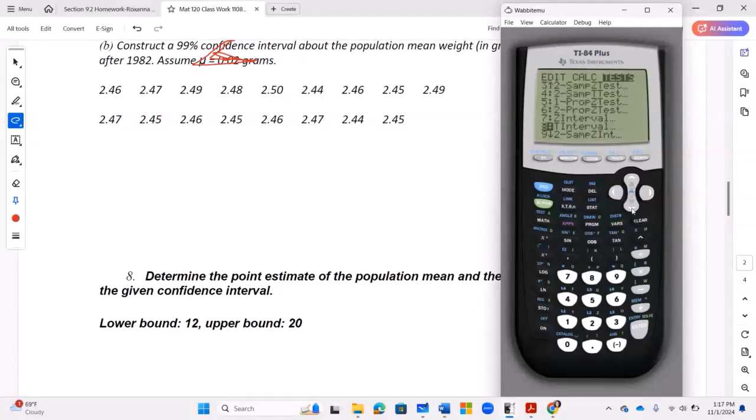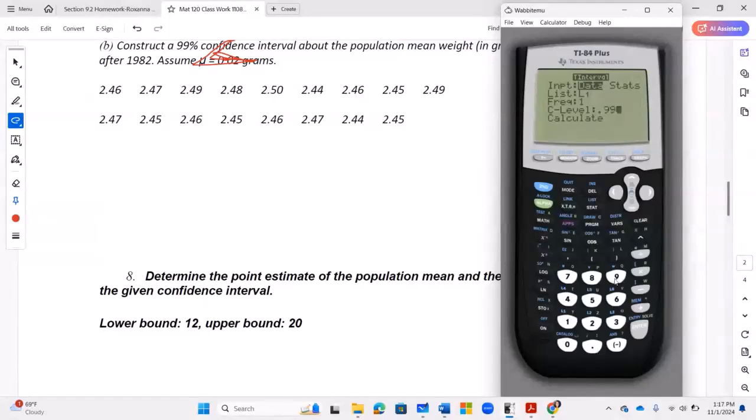I select number 8, and it's asking me what I have. I have raw data this time, so I'll select Data. It's asking me where the raw data is. The raw data is in my L1. Do you have frequency? No, I don't have frequency. It's not grouped data. And I'm told to find a 99% confidence interval, so I tell my calculator this is a 99% confidence level. So I'm going to calculate.